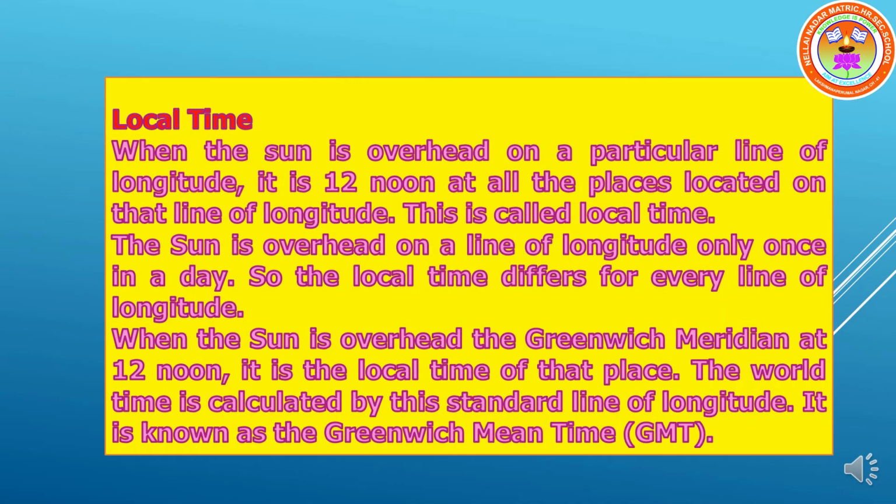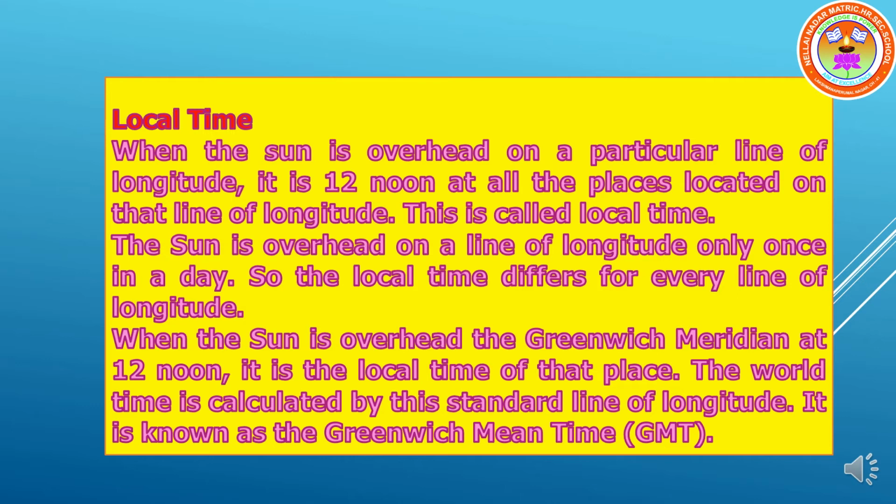Next, we are going to learn how local time is calculated. When the sun is overhead on a particular line of longitude, it is 12 noon at all the places located on that line of longitude. This is called local time. The sun is overhead on a line of longitude only once in a day.